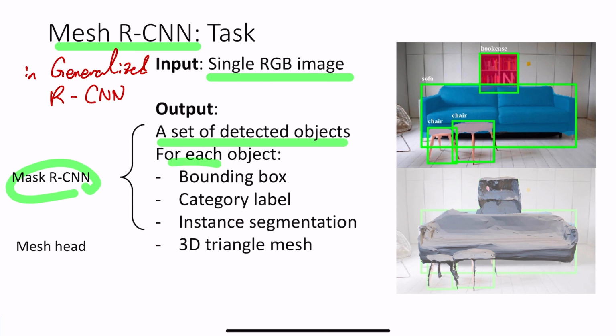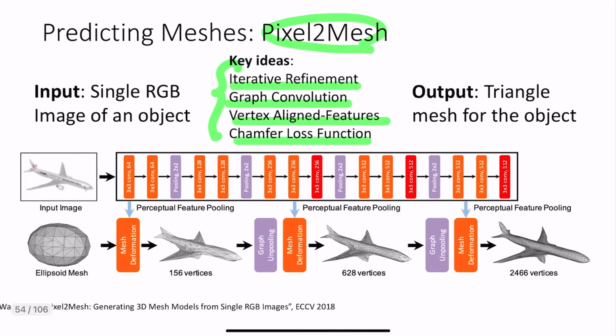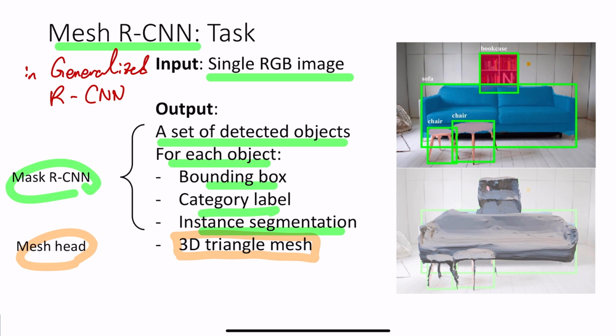And for each box, we generate or estimate the boundary mask location, category label, even an instance segmentation map in Mask R-CNN. And in the Mesh R-CNN paper, however, it adds one more branch, the 3D triangle mesh estimation, similar to this Pixel2Mesh model.